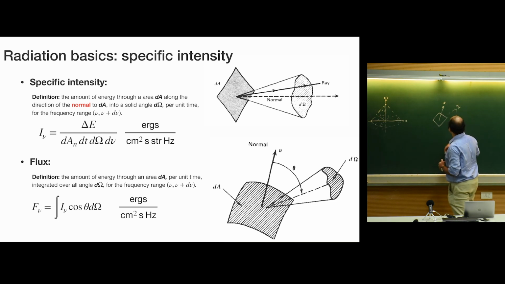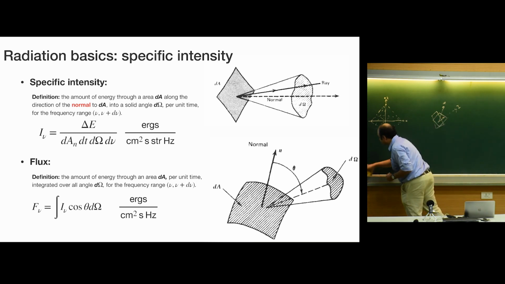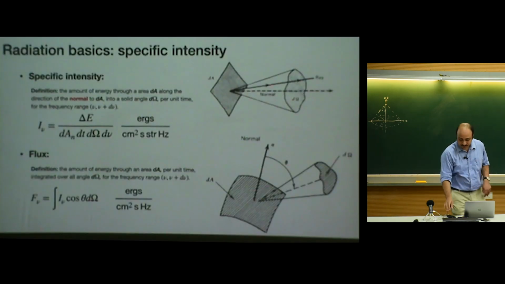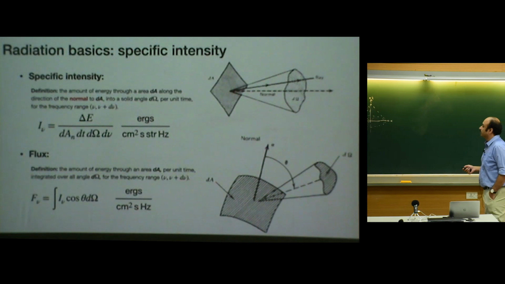I'm interested in intensity in this direction. So what I'll do is I have to tilt the area, so that the normal to the area is perpendicular to it. And then I'll use those definitions. Okay? So remember, intensity is normal to the small unit area over which you want to compute the energy flux.